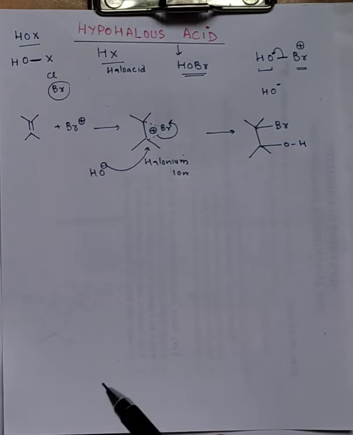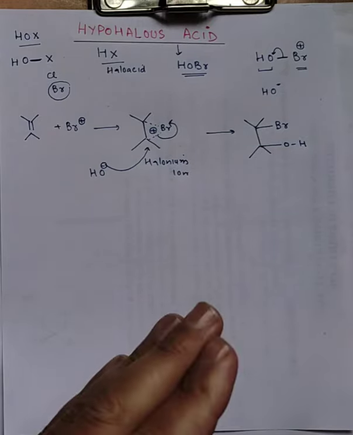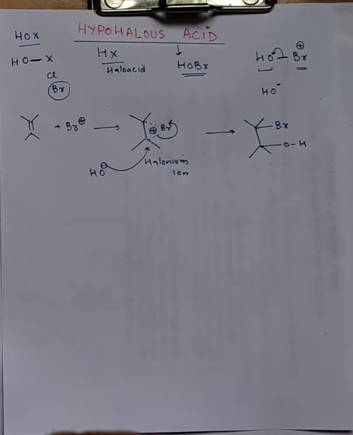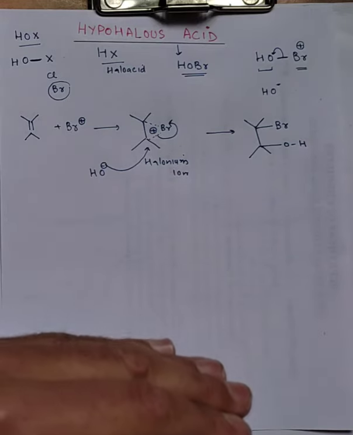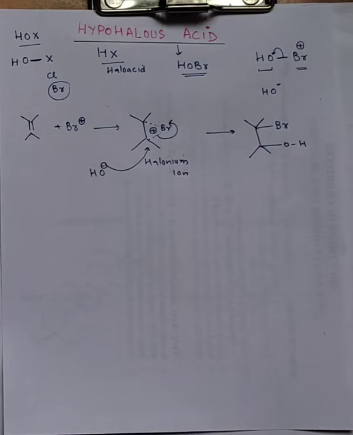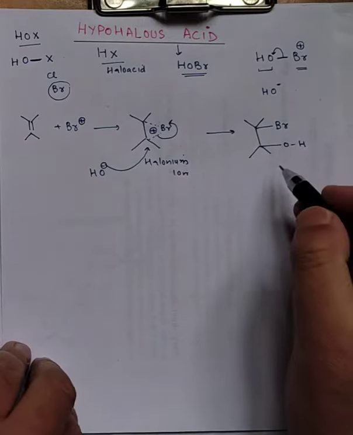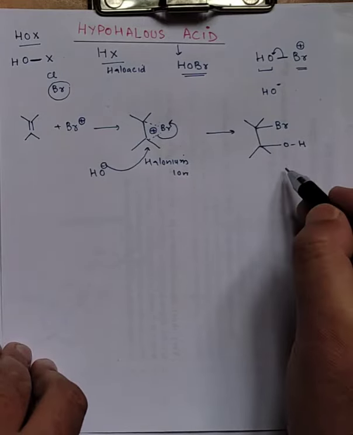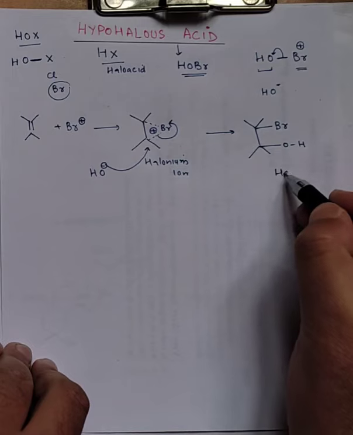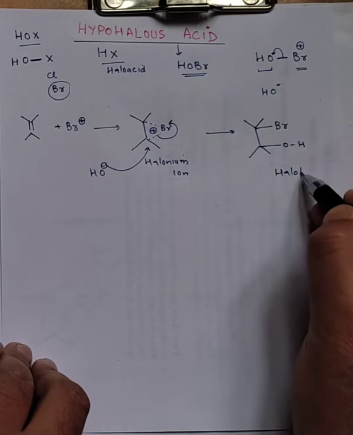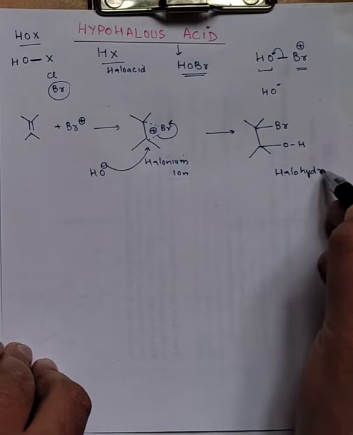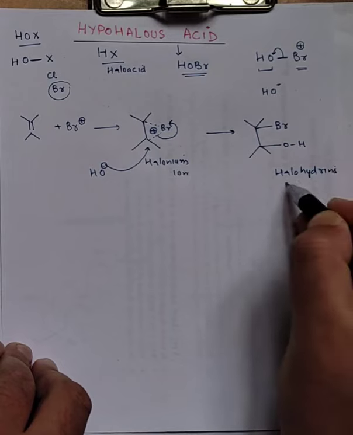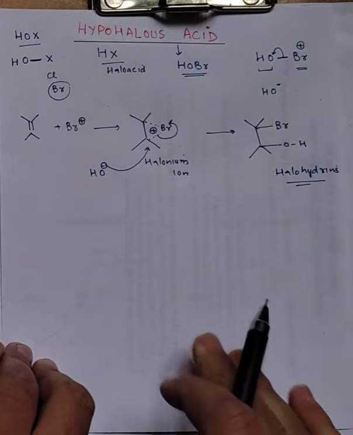Now उसके बाद होता है ये जो फॉर्मेशन of ये जो कंपाउंड बन गया, जिसमें one part goes to one carbon atom, another part goes to another carbon atom. ये जो स्ट्रक्चर बनता है, this is called the halohydrins. जैसे in this case it is a bromohydrin. ठीक है?